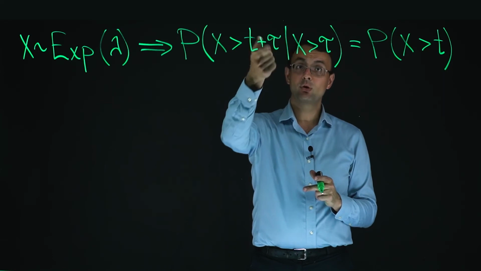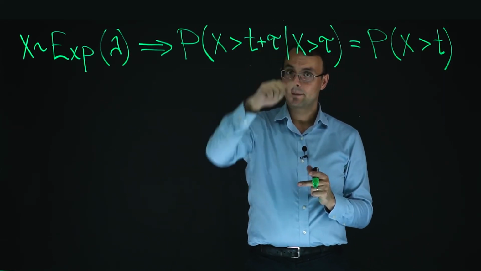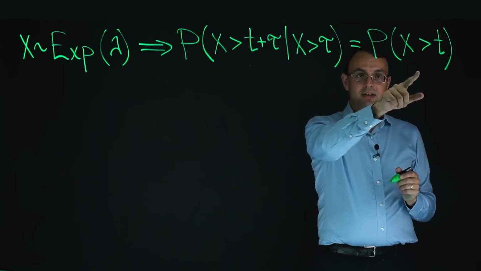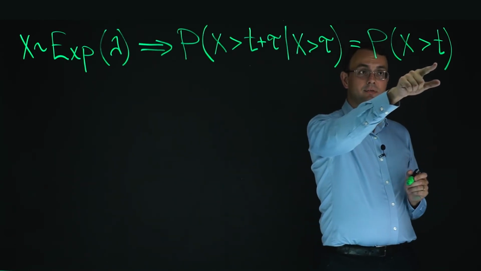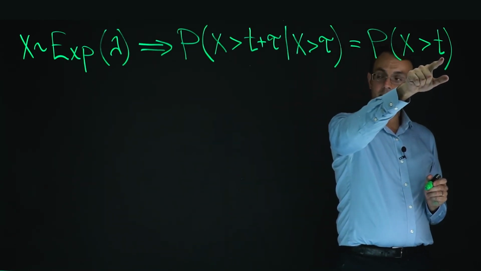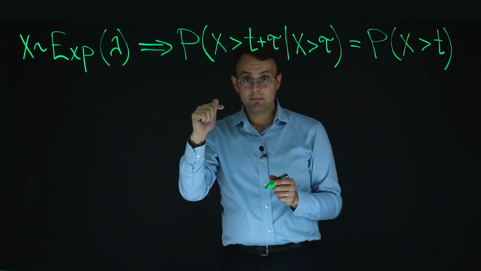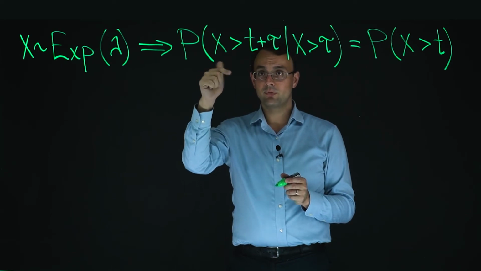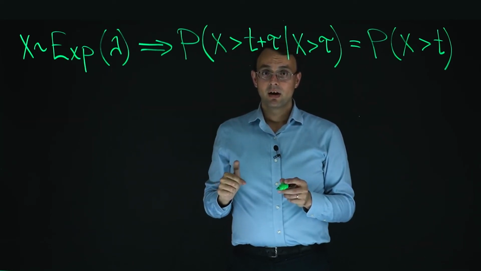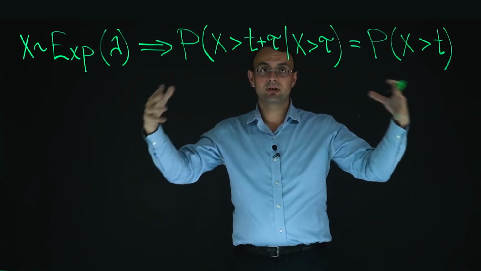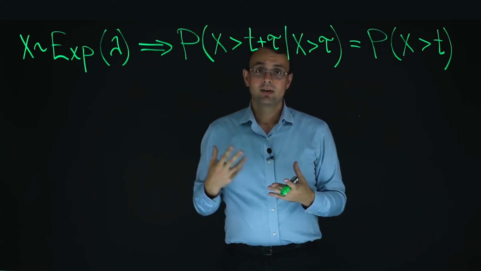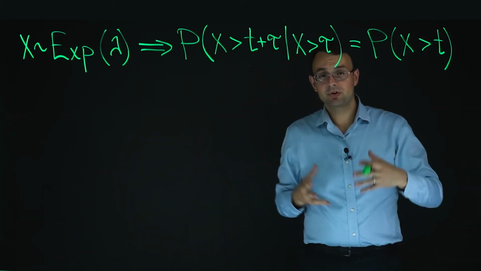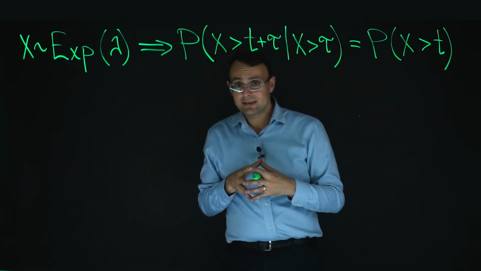Tau is the time you have already spent waiting. So this means that probability that you will wait for t minutes is the same as the probability that you will wait for t minutes after you have already waited for tau minutes. So this equality describes this property of Poisson series of events.